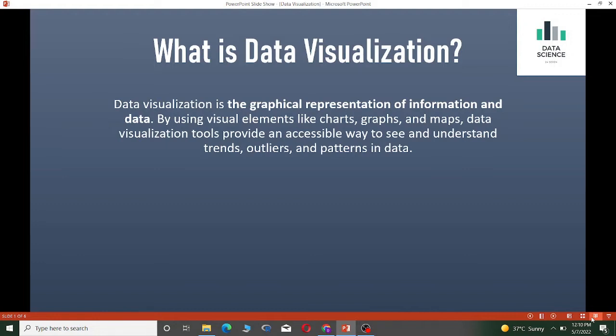So in just one statement, it is the graphical representation of information and data. We are going to learn three things: what is data, what is information, and what is graphical representation.